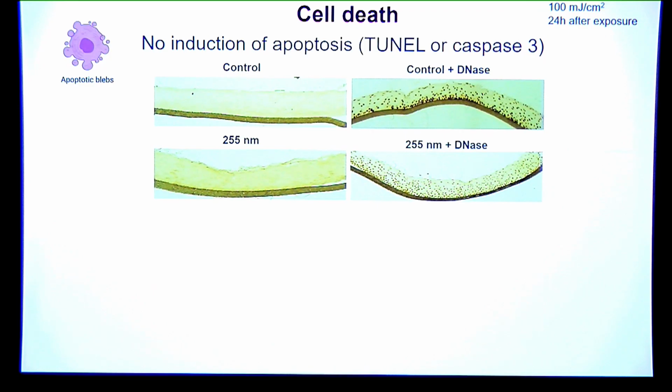This is a control tissue, and I used an enzyme that chops the DNA, so it mimics apoptosis. So I really was hoping to find some of these black cells here to tell you that these cells were dying by apoptosis, but they did not. So we have to think about that.